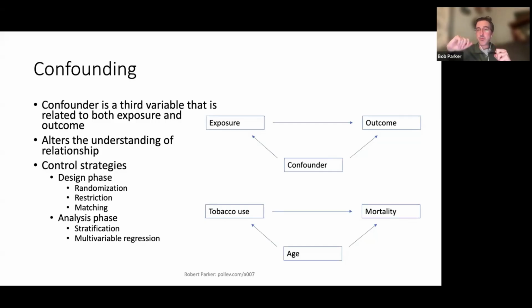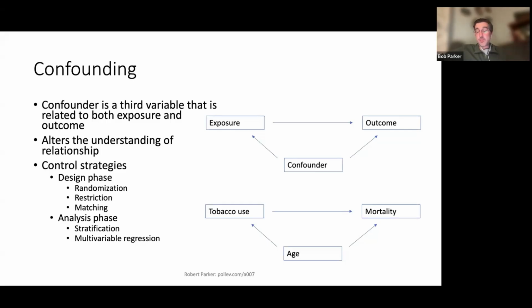Or we can match. We can take a similar group of people, so similar age, similar sex, similar socioeconomic status, and match tobacco use versus no tobacco use, and see the outcome of mortality or not.